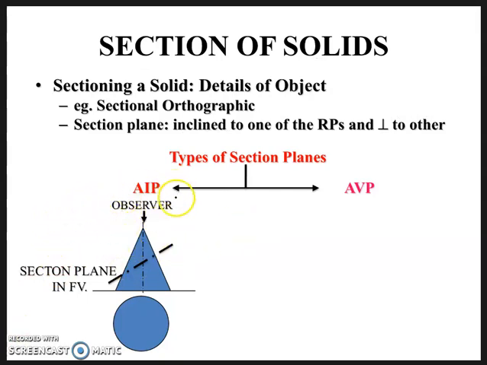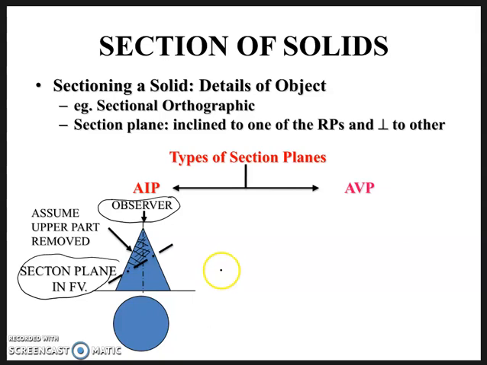This is the observer, and this is the section plane in front. Now the part of the object which is lying between the observer and the section plane is removed. So this part which I am shading is removed, and the rest of the part is retained, and the projections are drawn.